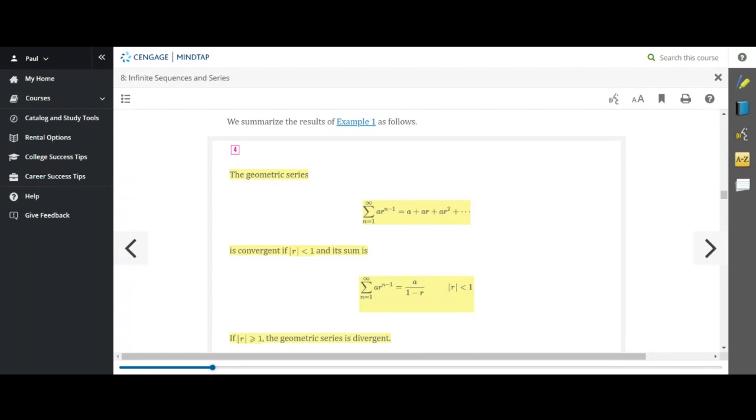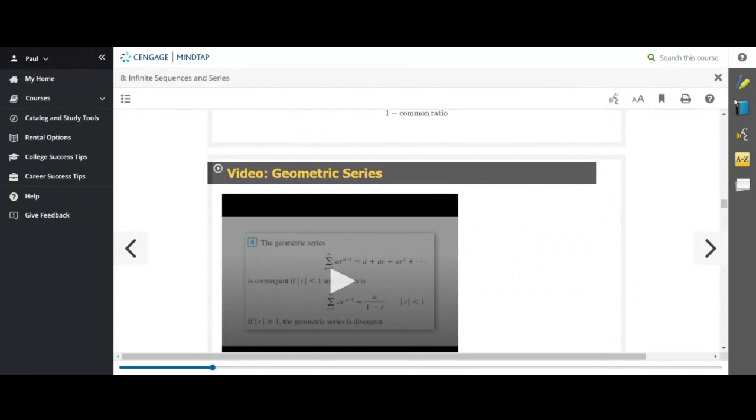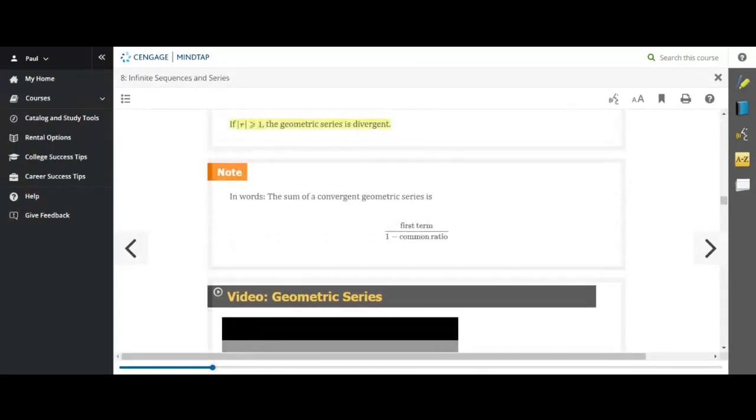So for example, if we look at the second example here, they're saying exactly what I'm saying, right? Right there.